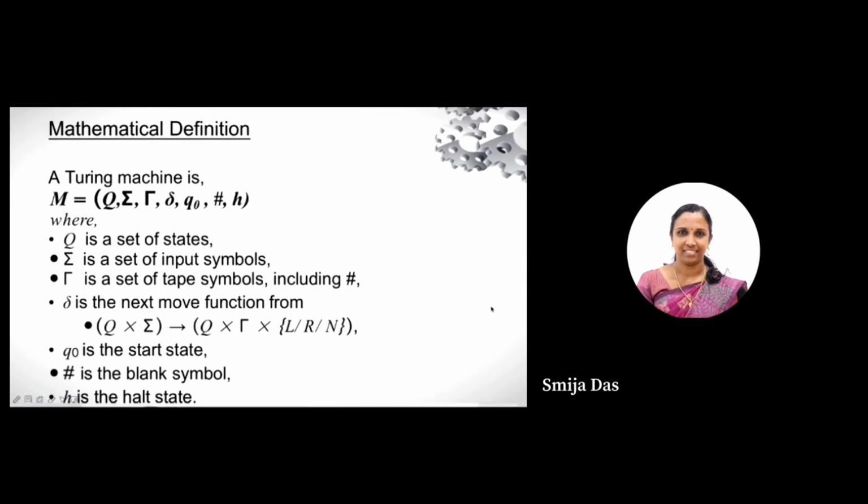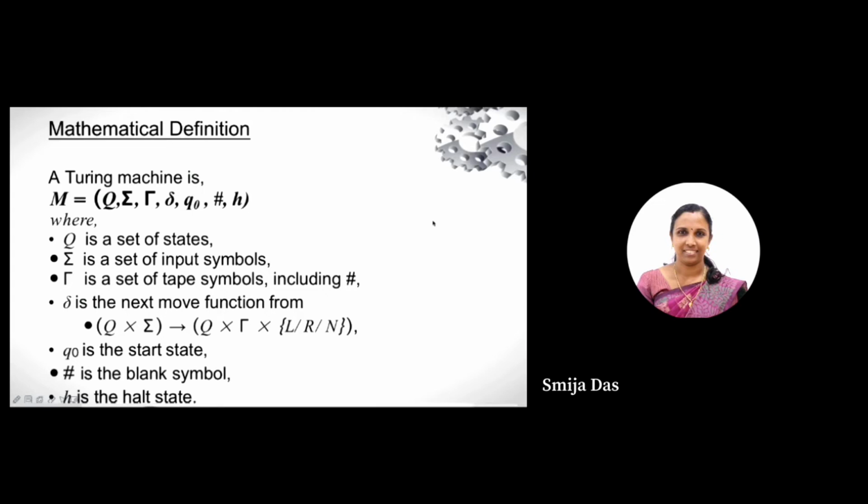Now we can see the mathematical definition of a Turing machine. M is equal to (Q, sigma, tau, delta, q0, hash, H), where Q is a set of states, sigma is a set of input symbols, and tau is a set of tape symbols including hash.